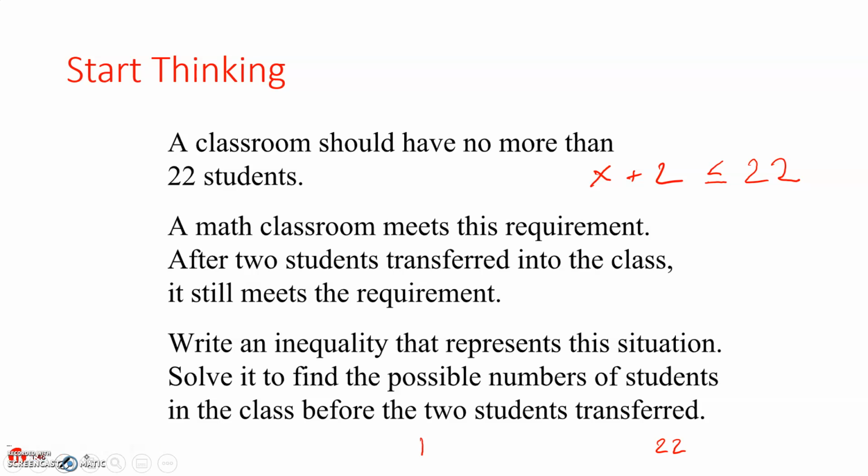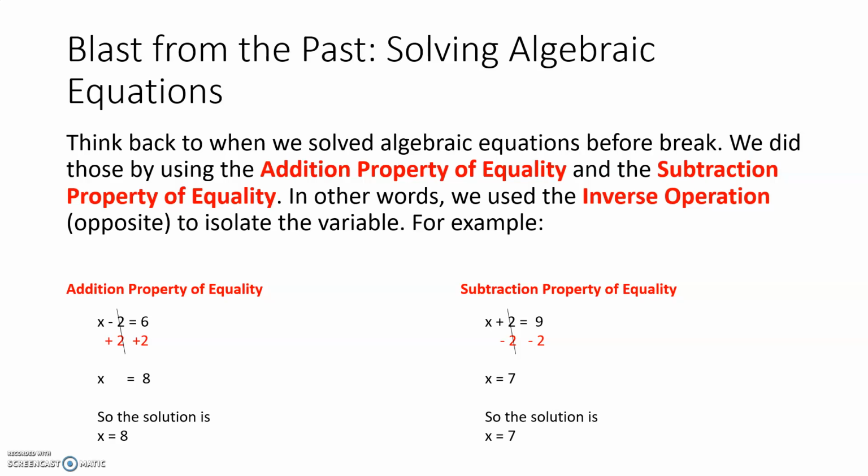No, it can't be 22, because if it was 22 and you added 2 more, it'd be 24. So the max would be 20. So you have anywhere between 1 and 20 students in the classroom before the 2 additional students. Wishful thinking, right?